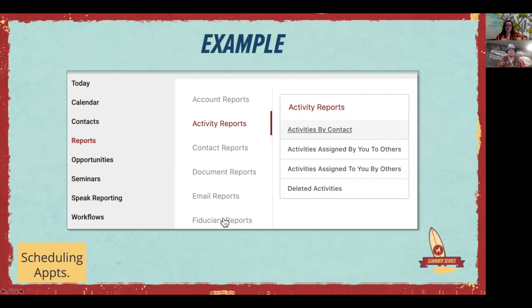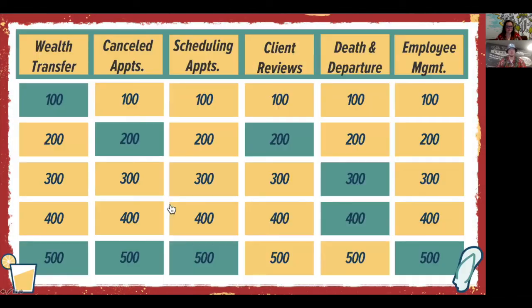A client review might be super simple in your office, or it might be super complex. If it's super complex and a lot of people are involved, maybe a workflow. But for most of these interactions that are being scheduled on the calendar at a date and a time, you're going to want to use an activity, and the activities by contact report is the way to go for reporting on this stuff.